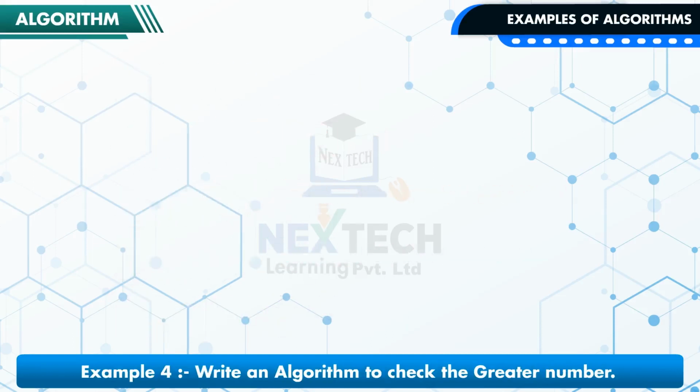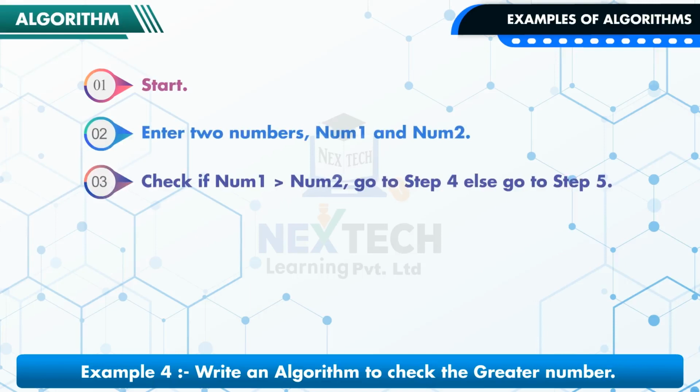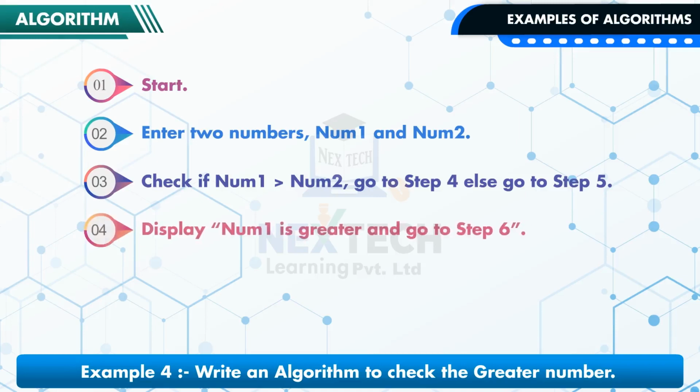Example 4. Write an algorithm to check the greater number. Step 1. Start. Step 2. Enter two numbers, number 1 and number 2. Step 3. Check if number 1 is greater than number 2. Go to Step 4, else go to Step 5. Step 4. Display num1 is greater and go to Step 6.